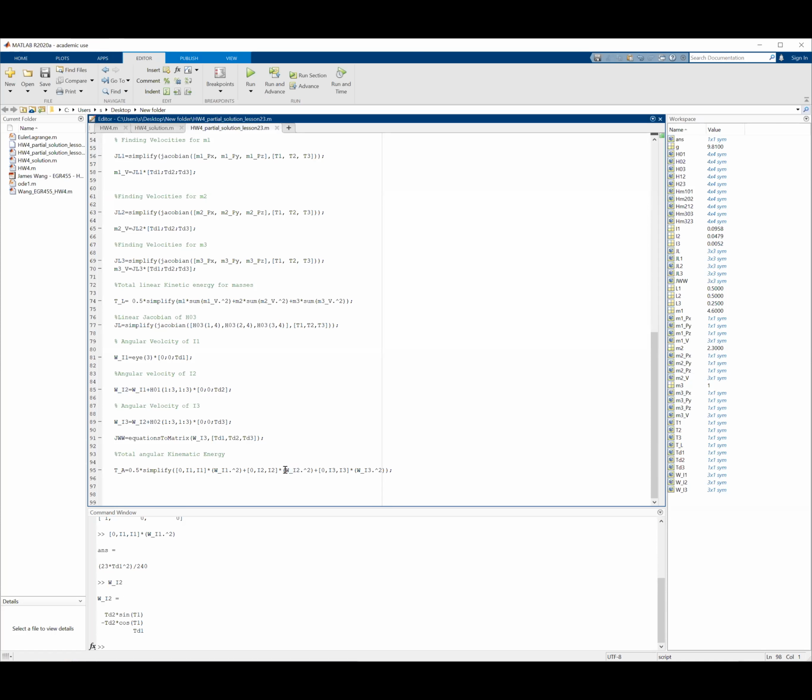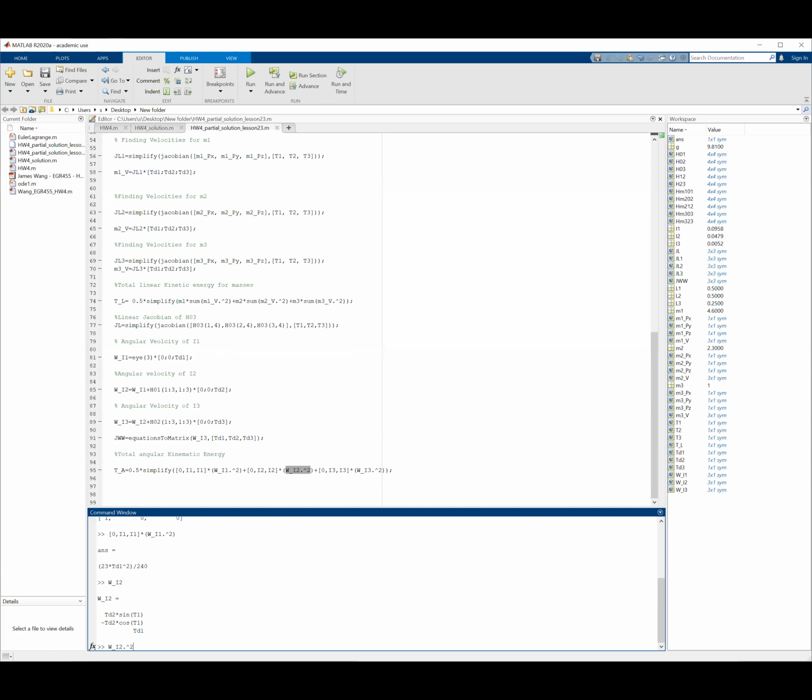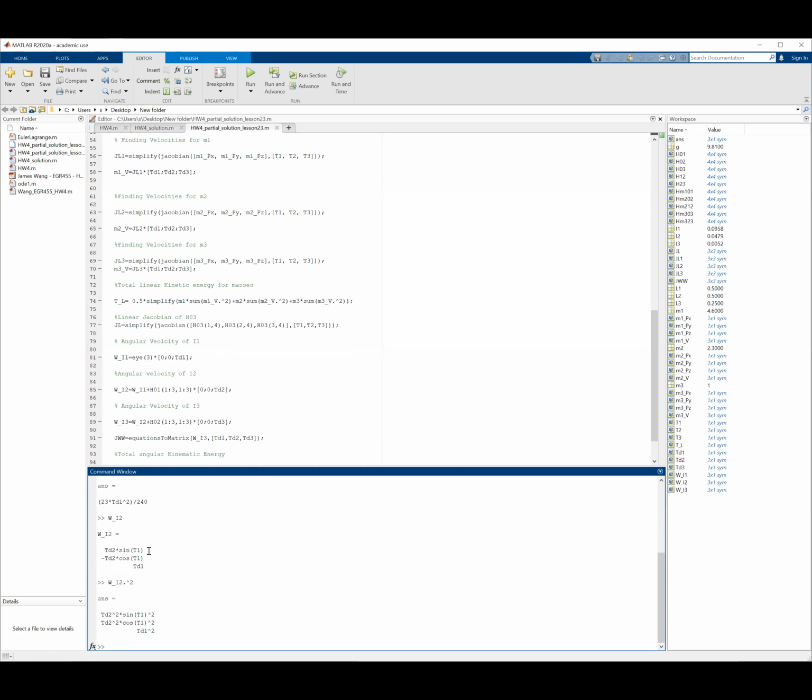Now, if I were to do omega I2 square, please note there is a dot operator. What would this dot operator do? Check this out. This dot operator takes each element and squares it. So TD2 sine theta 1 got squared, minus TD2 cosine T1 got squared, and the last term is TD1 that got squared.